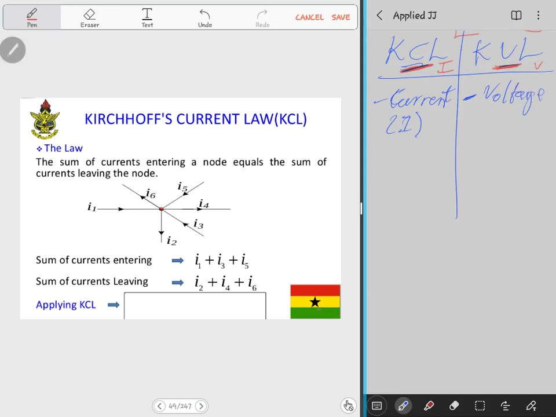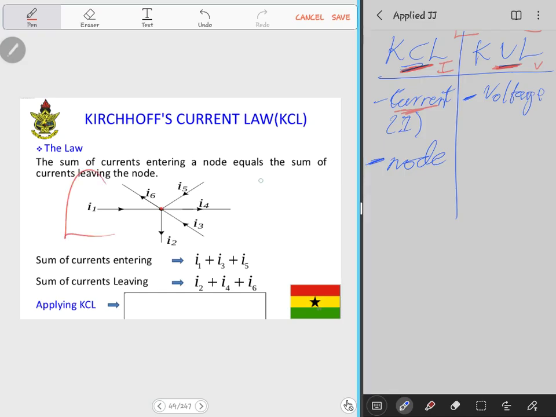When we talk about KCL, what we are doing is about current. But what do we focus on in order to talk about the current? Most of the time, it is the node. A node is a point or junction within a circuit where there are more than one wire.